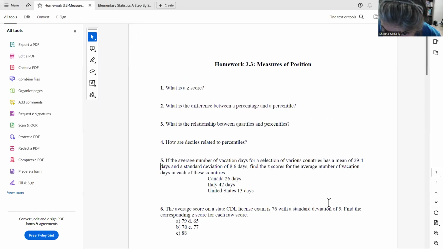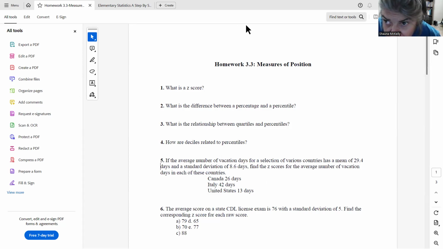So with quartiles and percentiles, how are percentiles related to deciles? Okay, so here for number 3, let me put it on the screen. If your decile is divided into 10 parts, then every 1 decile is 10 percentiles. In other words, this is what we're saying.